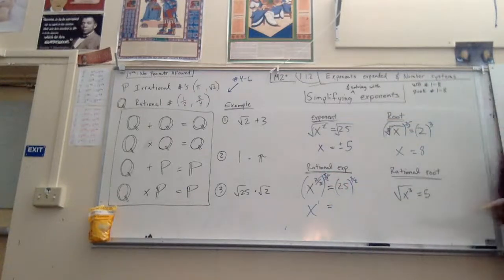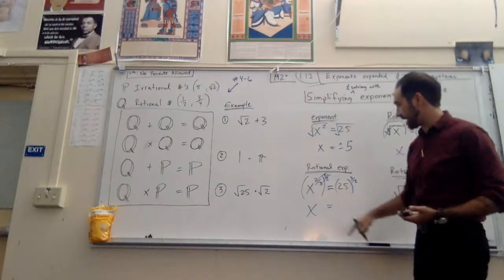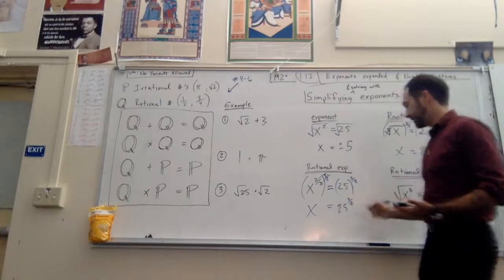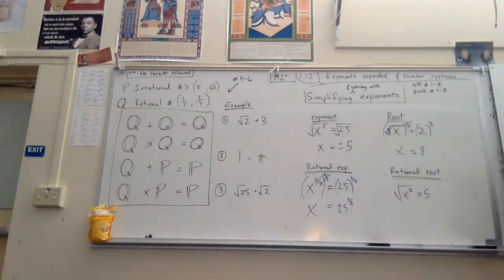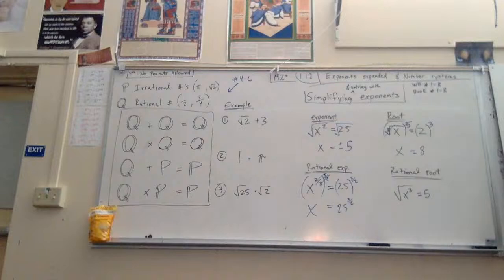See? 2/3 times 3/2, 6 over 6. So we got x to the first, no need to have it there. And then we have 25 to the 3/2, right? Now, you wouldn't want to convert it first.